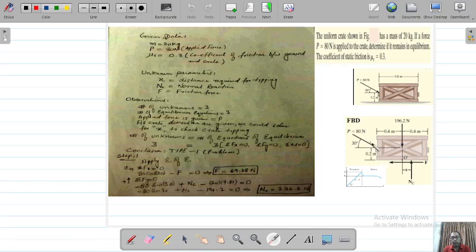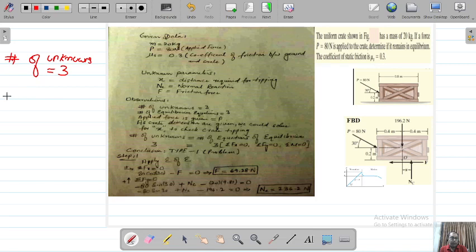Okay, so we will see the number of unknowns. How many unknowns do we have? 3. Okay, we have 3 unknowns. What are those? The NC, the X, and the friction force.